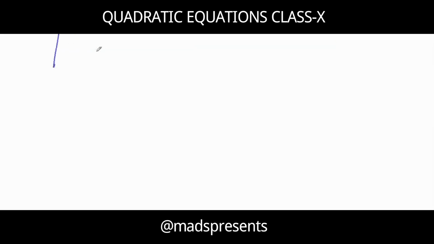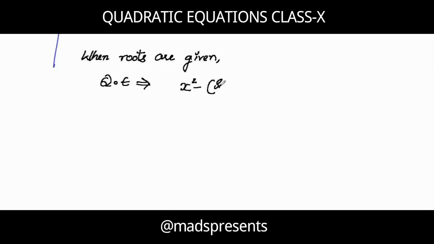When roots are given, the quadratic equation looks as x square minus sum of roots into x plus product of the roots, which is equal to 0. Let alpha and beta be the two roots.